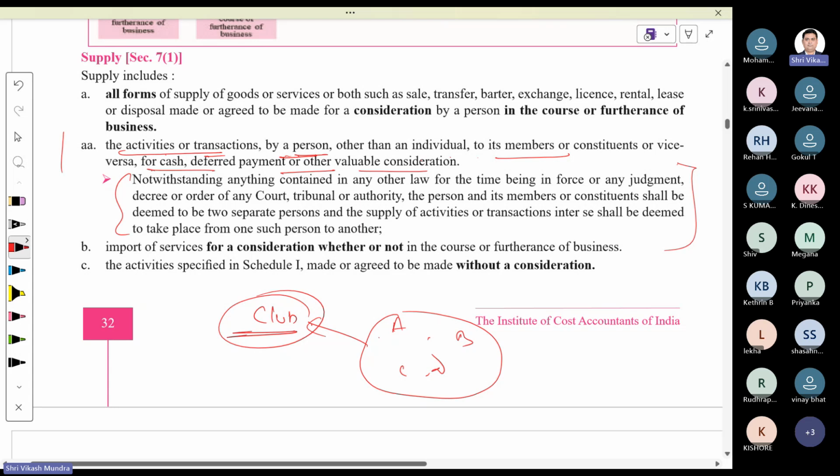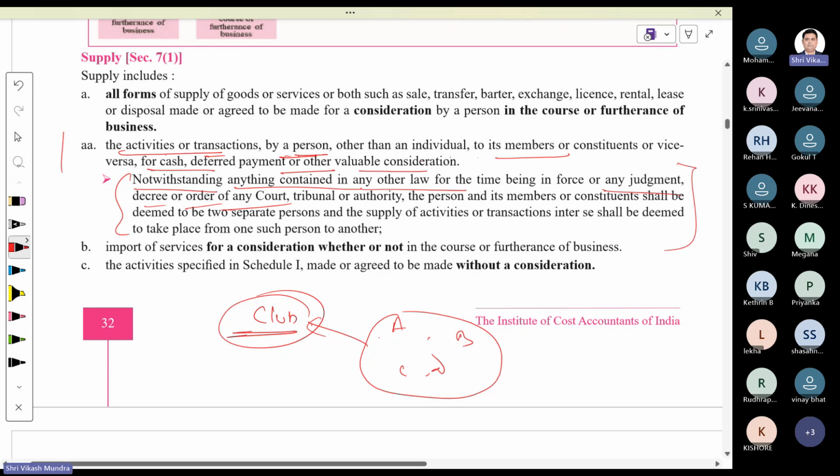What is the clarification? Notwithstanding anything contained in any other law for the time being, it is income tax law. Whatever is mentioned in any other law at present, or contained in any judgment, decree, or order of any court, tribunal, authority, that means wherever it is mentioned, forget about that.